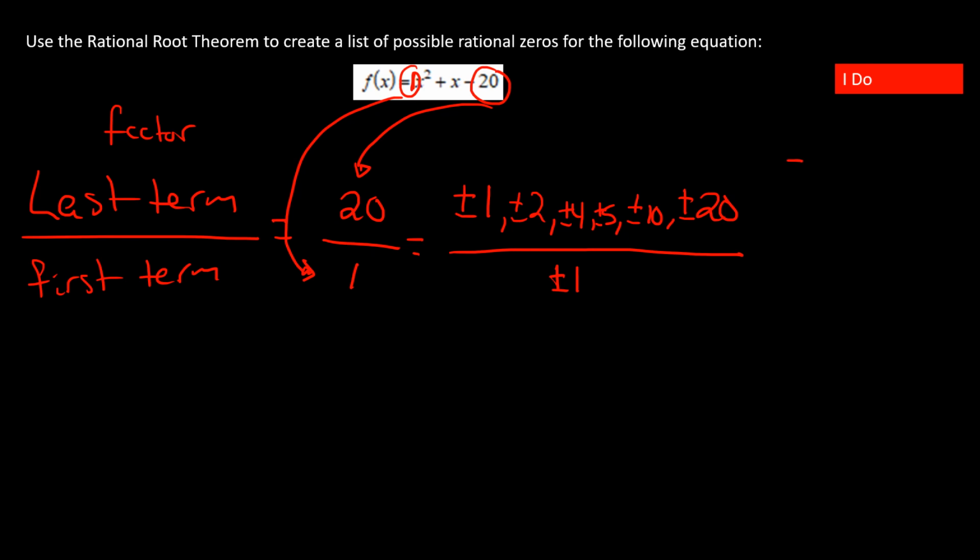We would just end up with negative 20, negative 10, negative 5, negative 4, negative 2, negative 1, but then we also have 1, 2, 4, 5, 10, and 20. And these are all the possible values that x could equal.